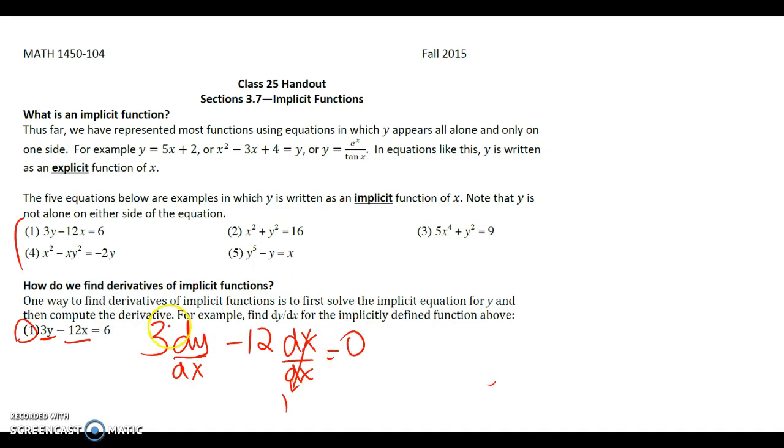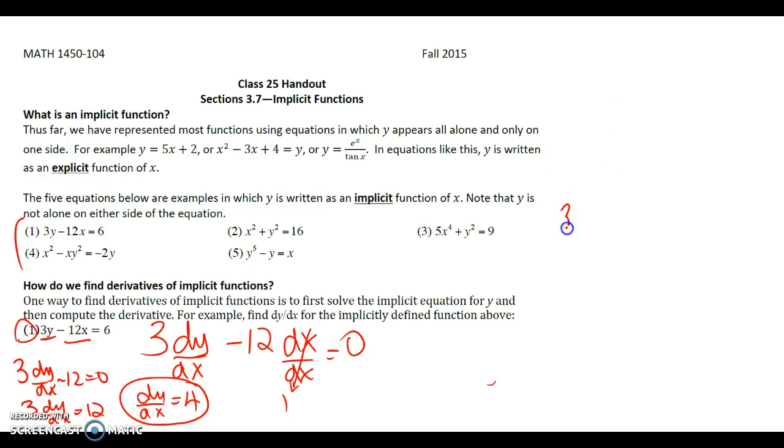So this looks like 3 dy/dx minus 12 equals 0. 3 dy/dx equals 12. Then if I divide both sides by 3, dy/dx equals 4.